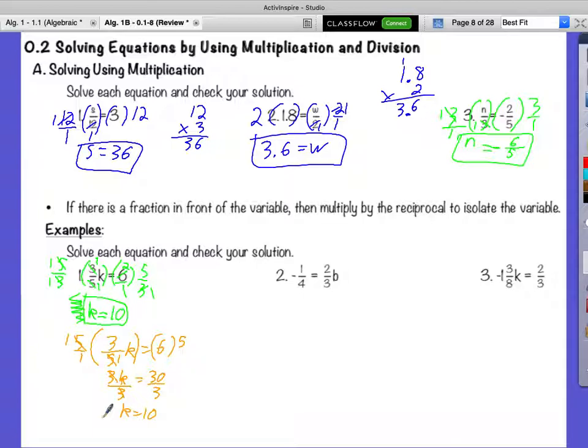We multiplied by the reciprocal of 3/5. So we'll do 3/2 here. Why would we not multiply by 4/1? Because you have to get the b alone. Yeah, because we do whatever's with the b. So we're gonna multiply both sides by the reciprocal. In this case, that's 3/2. We just flip that fraction that's in front of the variable.